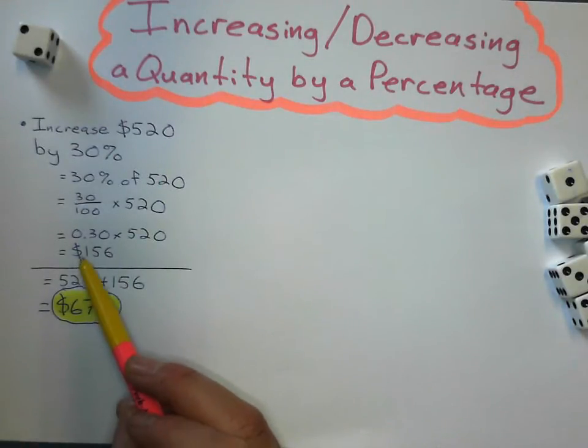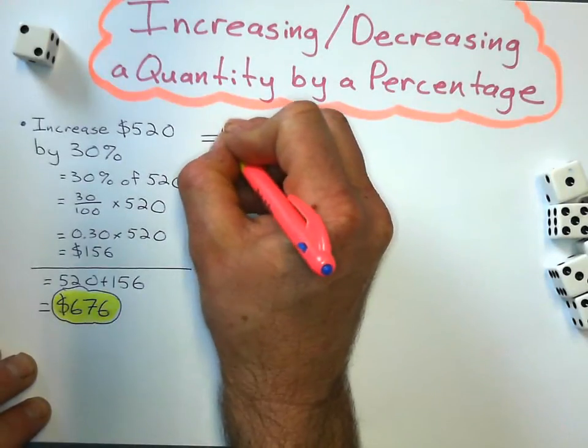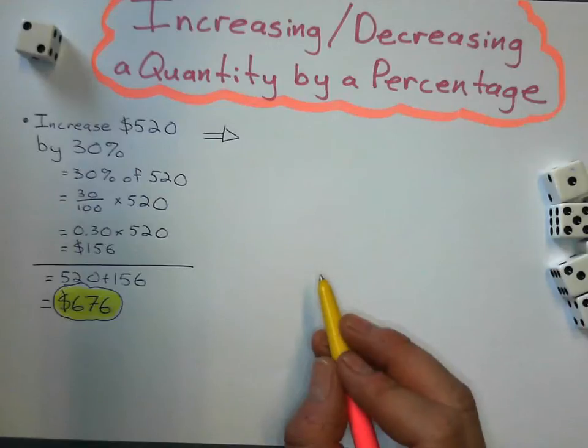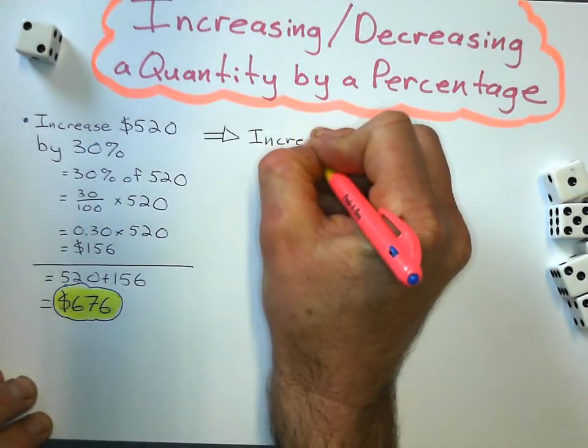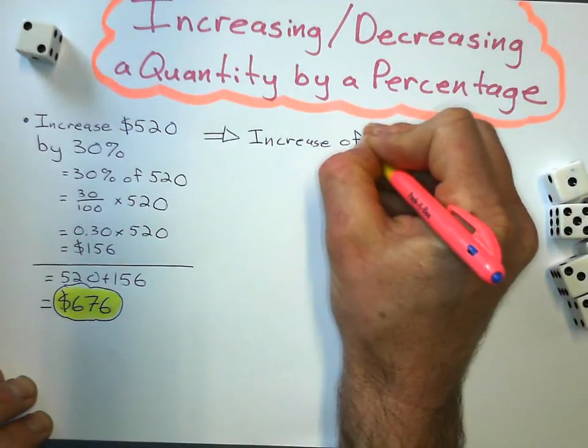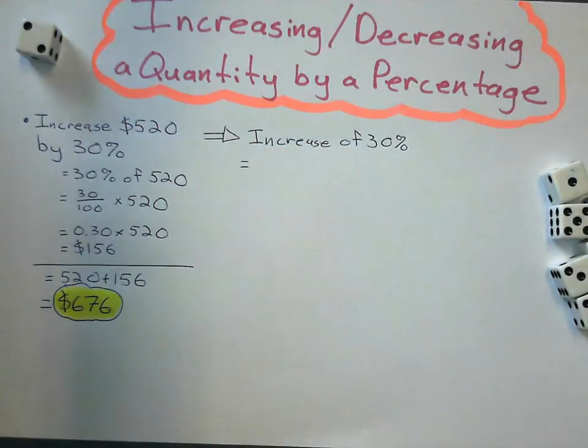Kind of the long way around it. So another way to think of these problems is to make it a bit simpler and just know what an increase of 30% means. This way is a little bit easier if I explain it.